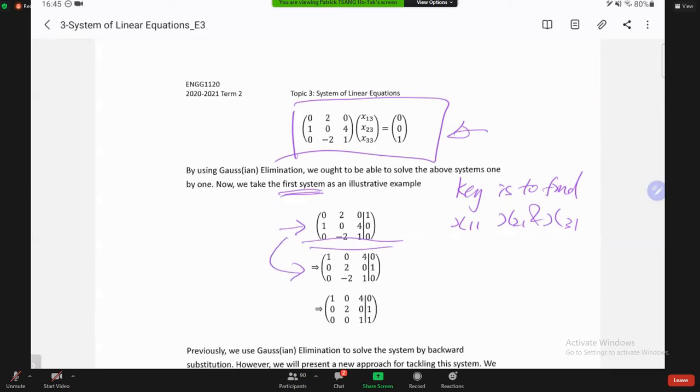Can you tell me what kind of elementary row operation we applied? I simply flip the order of the first row and the second row, right? So row 1 and row 2 are exchanged. And then I would like to take a step further.